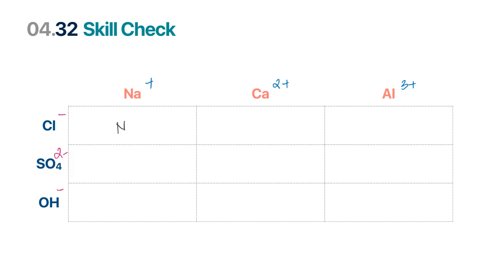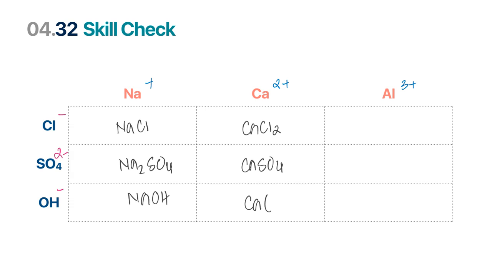This has to be NaCl because 1:1. We've seen this before. It's Na2SO4. This is just NaOH. Okay. Over here it's going to be CaCl2. This is going to be CaSO4. We've seen this before. And this is going to be Ca(OH)2. Now remember how I put the bracket last time, right?